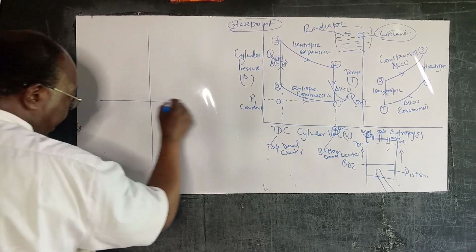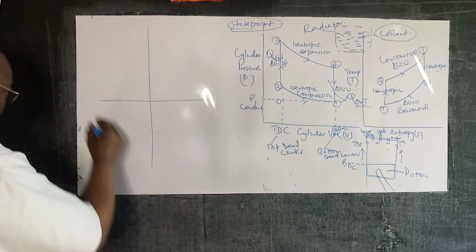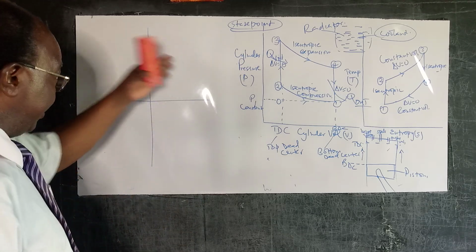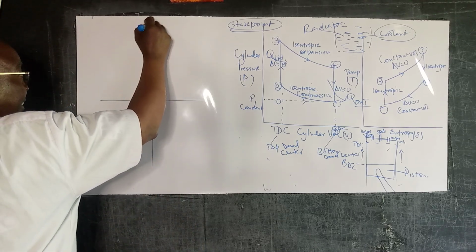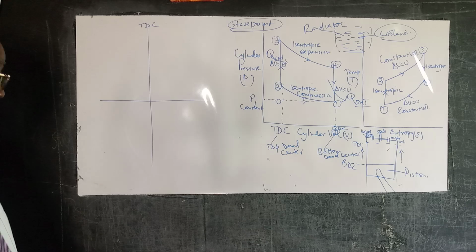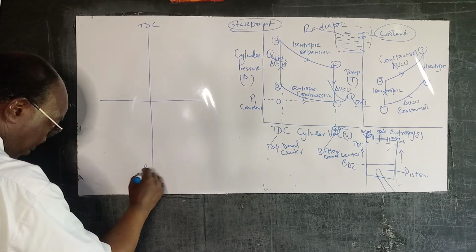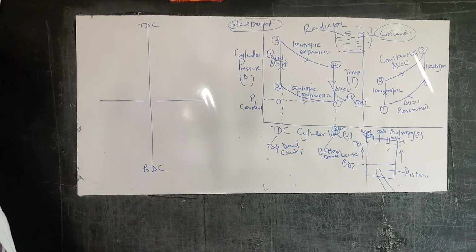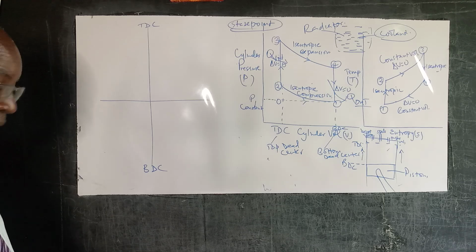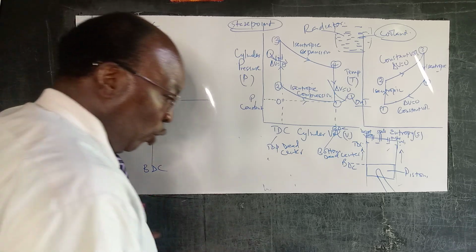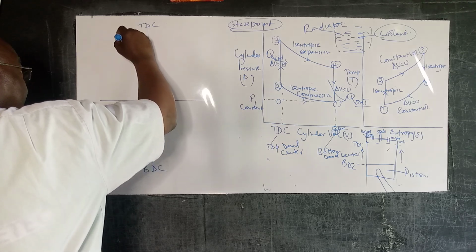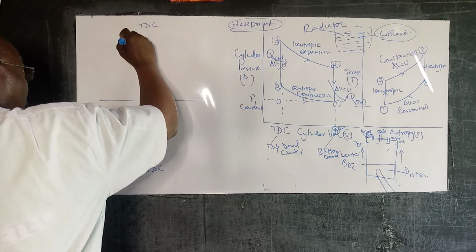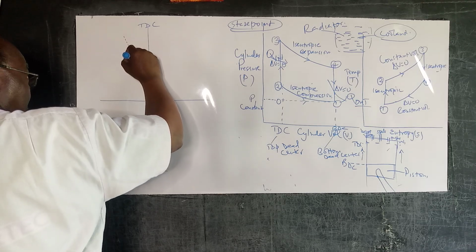If we have this system, we have those quadrants, 1, 2, 3, 4. Let us say that is the top dead center, and this is the bottom dead center. From 0 through 1, we have the intake valve open.